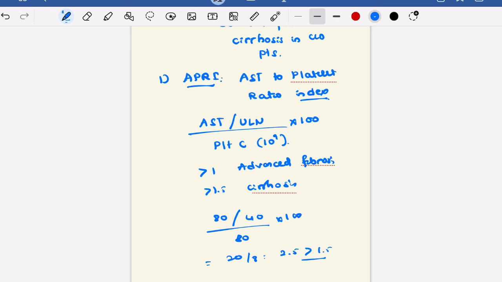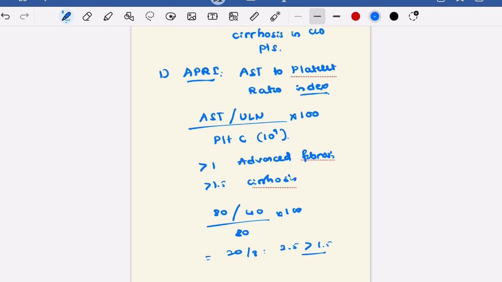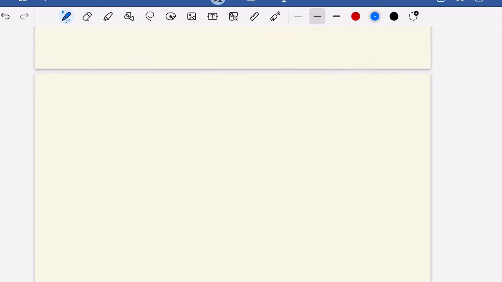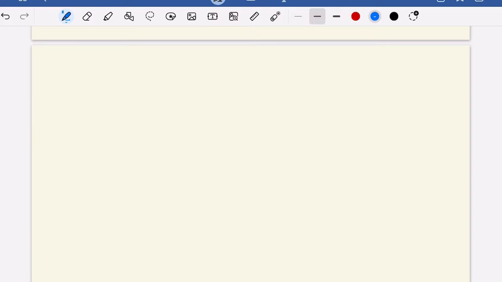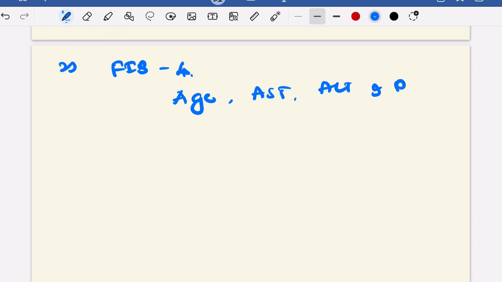Let's discuss the second score. Second score is also a very simple score. That is your FIB4 score. Here it uses four parameters: your age, AST, ALT and your platelet count.